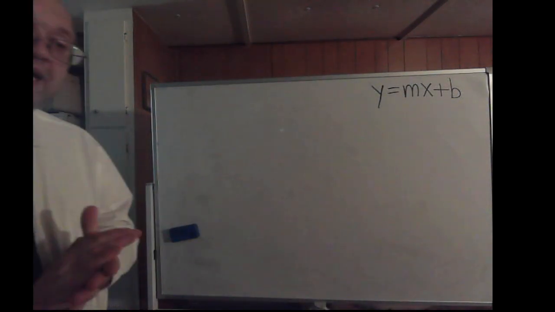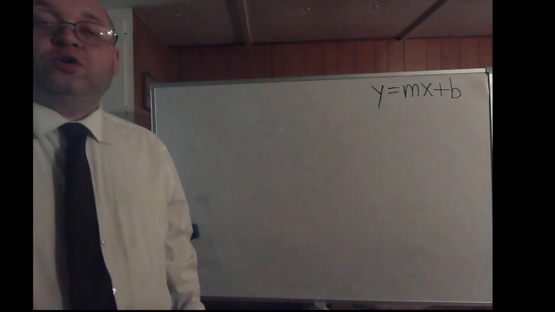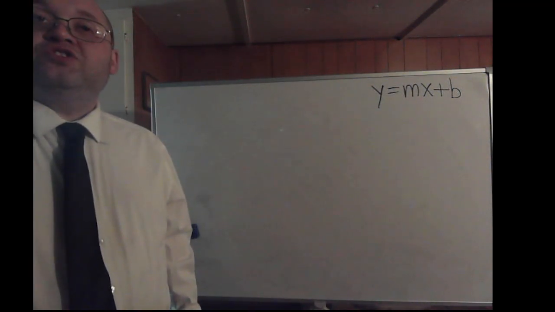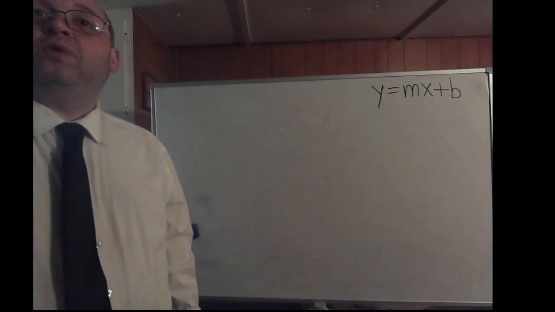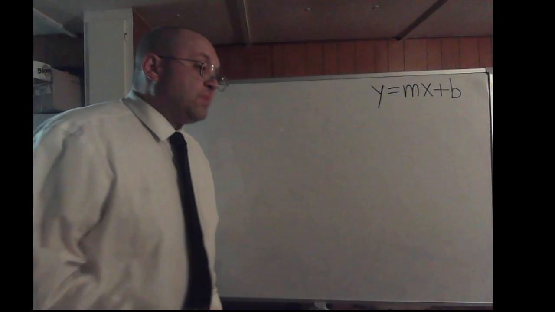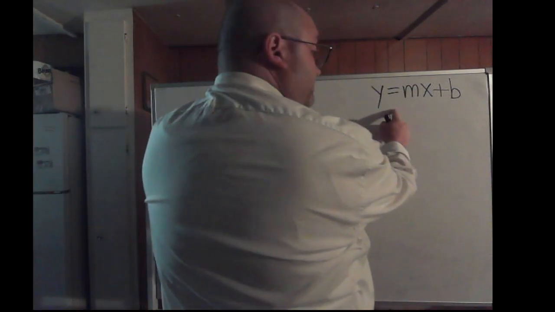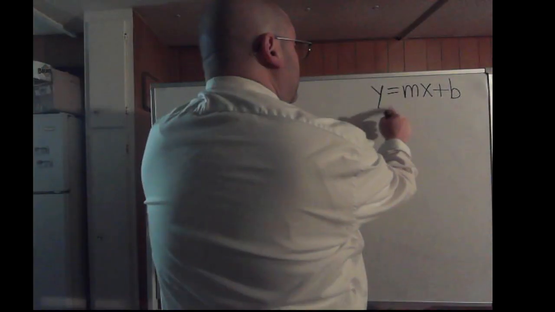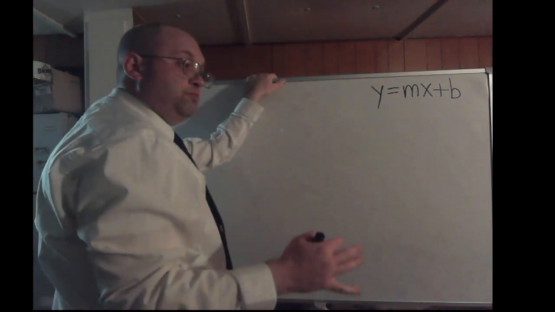So today we are going to talk about the slope-intercept form of an equation and how you can just look at that form of the equation and identify the slope and the y-intercept. If you recall from yesterday's lesson, we have the slope-intercept form of an equation, y equals mx plus b. That m is your slope.